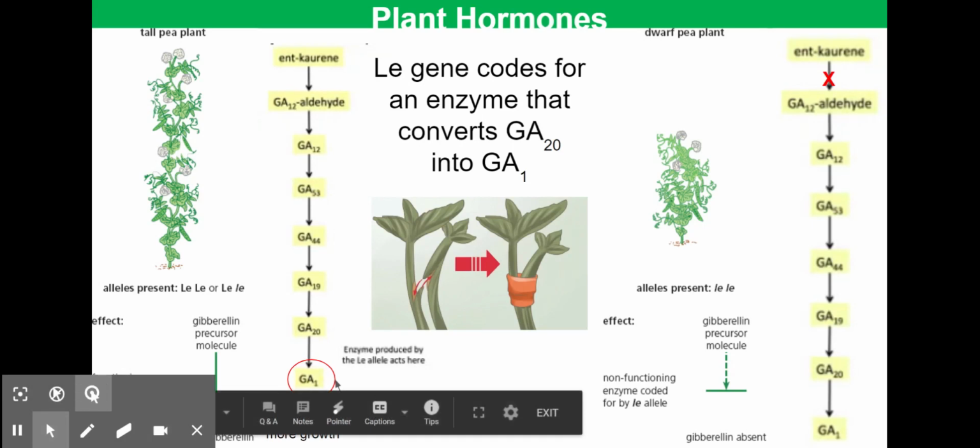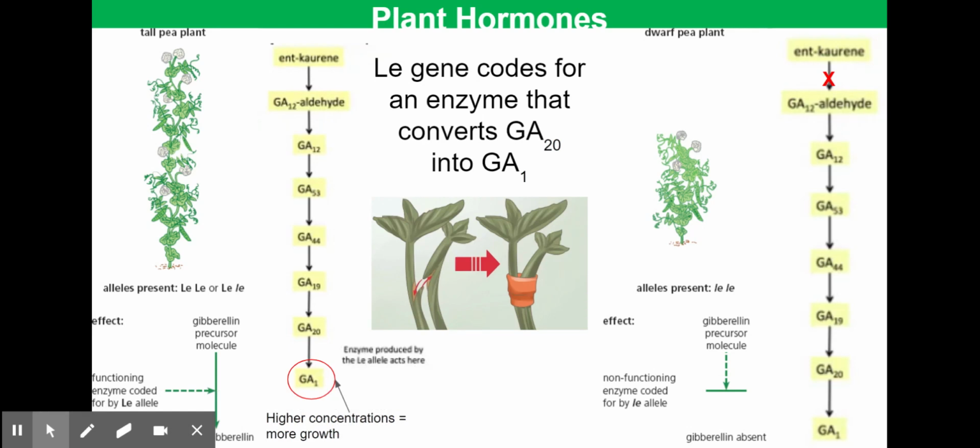Now, a whole series of experiments have been done on this particular pathway, but specifically, one was done where there was a block in the production of gibberellin 12 aldehyde, and this resulted in a dwarf plant.